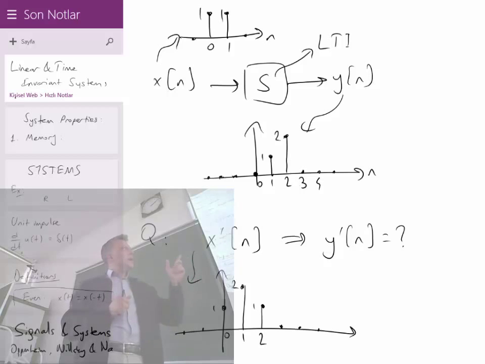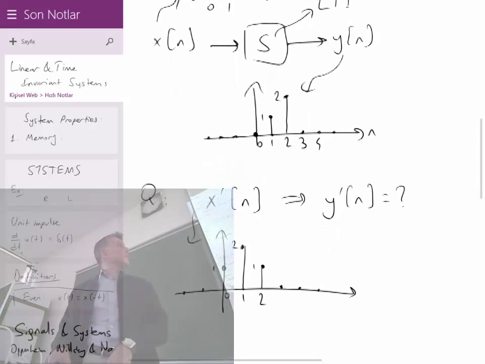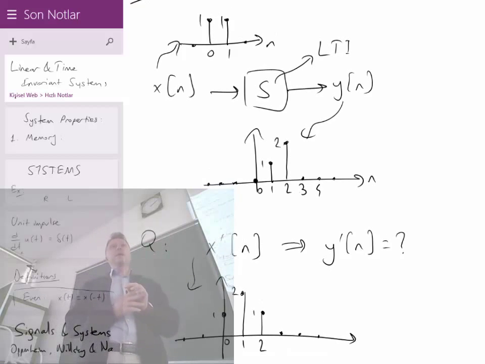Can you write x prime of n in terms of x of n at the top? And the answer is yes, because I deliberately constructed this simple example to satisfy that kind of a relation. X prime of n is easily represented in terms of x of n. Just look at the top figure. Take the same figure and shift it to the right by 1. And then add the two signals.